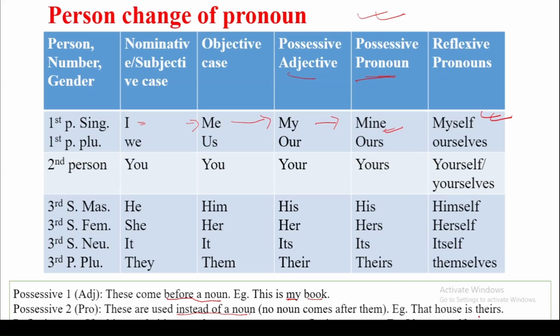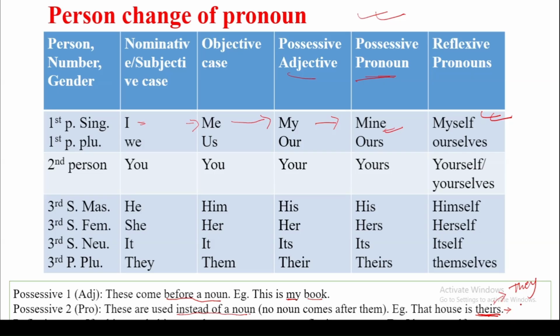The house is there. That house is theirs. It means they. So after this, there will be no noun. So this theirs represents the noun they. So this is the case of possessive one.